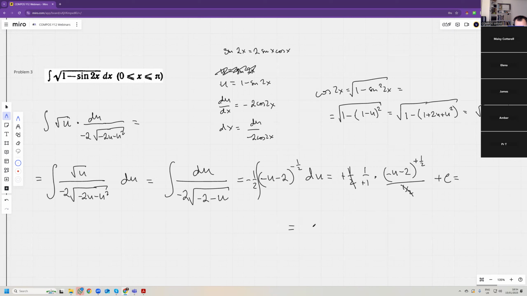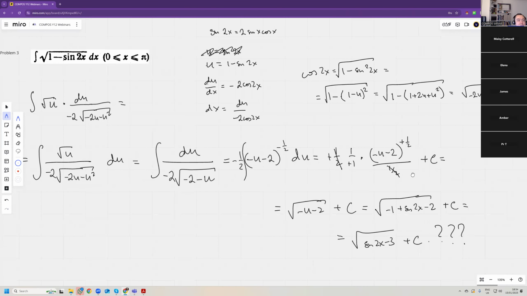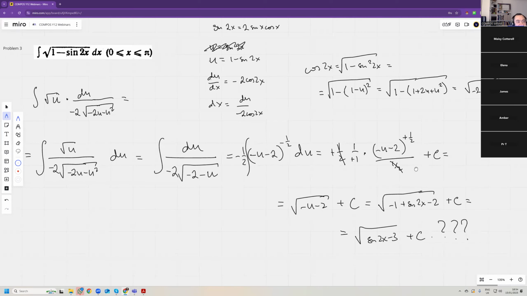So that is the square root of minus u minus 2 plus c, which is the square root of minus 1 plus sine 2x minus 2, plus c, which is the square root of sine 2x minus 3, which doesn't make any sense because you can't have the square root of a negative number, and sine 2x minus 3 is a negative number.